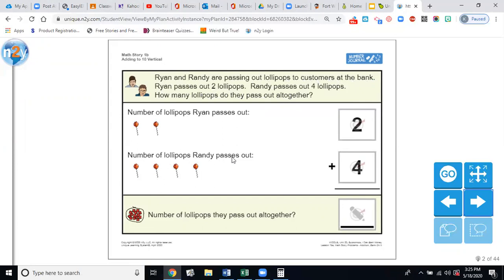Number of lollipops Randy passes out, Randy passes out 4 lollipops. So plus 4. 2 lollipops that Ryan passes out plus 4 lollipops that Randy passes out equals number of lollipops they pass out all together.